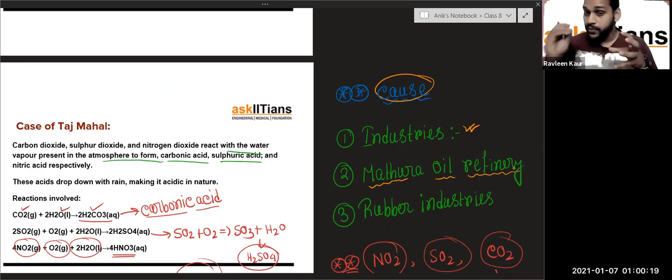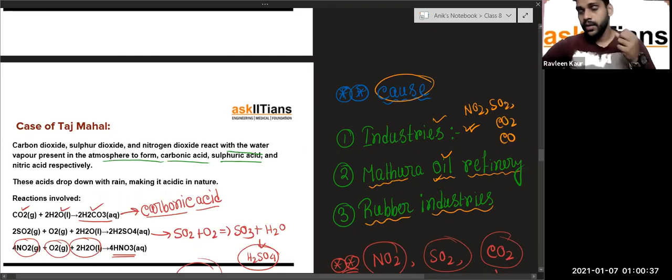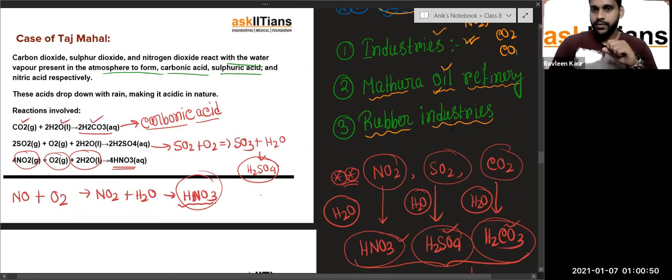There are rubber industries as well. These industries are emitting NO2, SO2, carbon dioxide, carbon monoxide and different types of gases from their chimneys. That is the reason the acid rain is coming, and the Taj Mahal is getting affected.